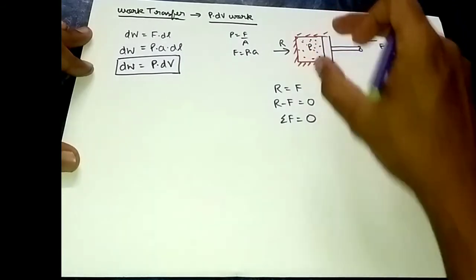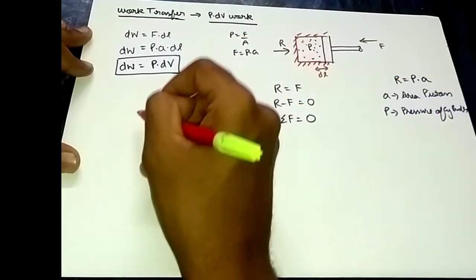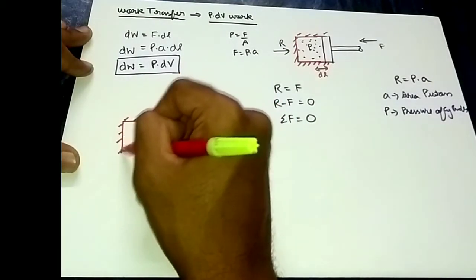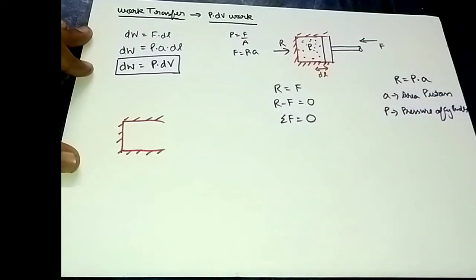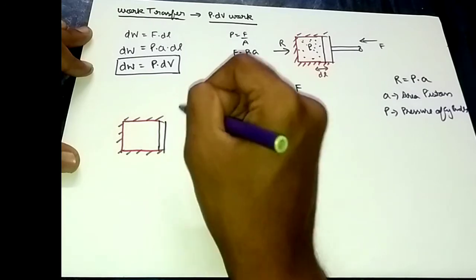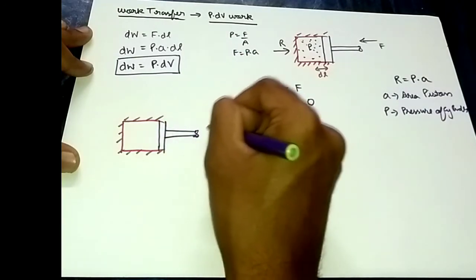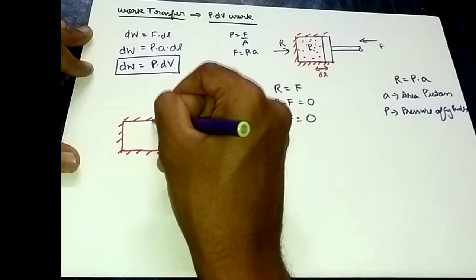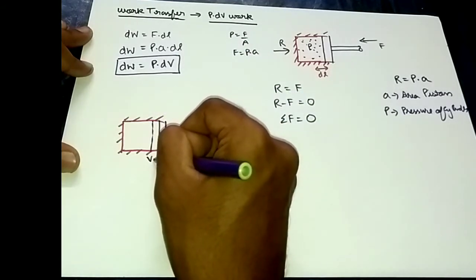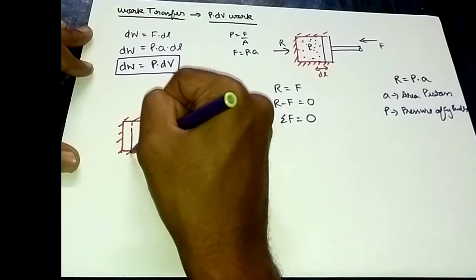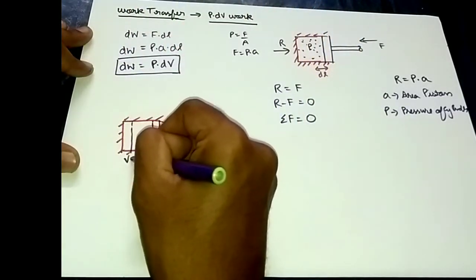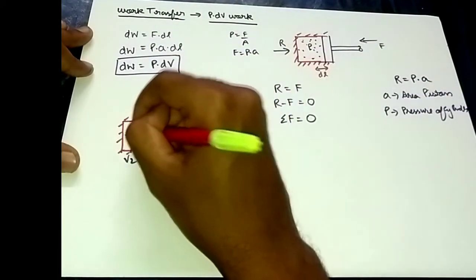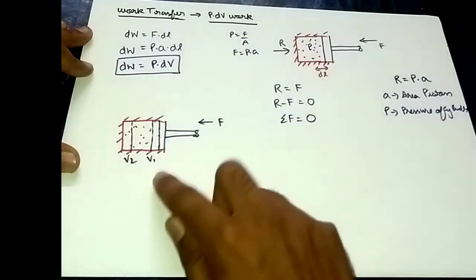Now if the same cylinder, if I draw the same figure, is a cylinder with a piston and we are applying a force F. Initially it has a pressure P1 and volume V1, and we are compressing it till volume V2.